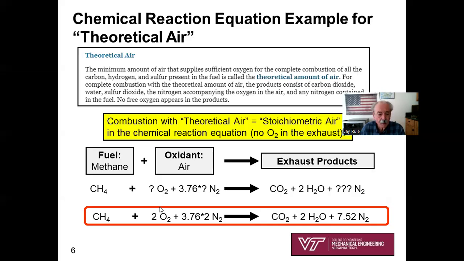Oh, I'm sorry, this is stoichiometric air, a little bit of a reprise of the previous slide. So you set up your stoichiometric equation using your little cheat sheet, 100% theoretical air. I put this in to set up the next slide, so I'll have to apologize for sort of doubling up.